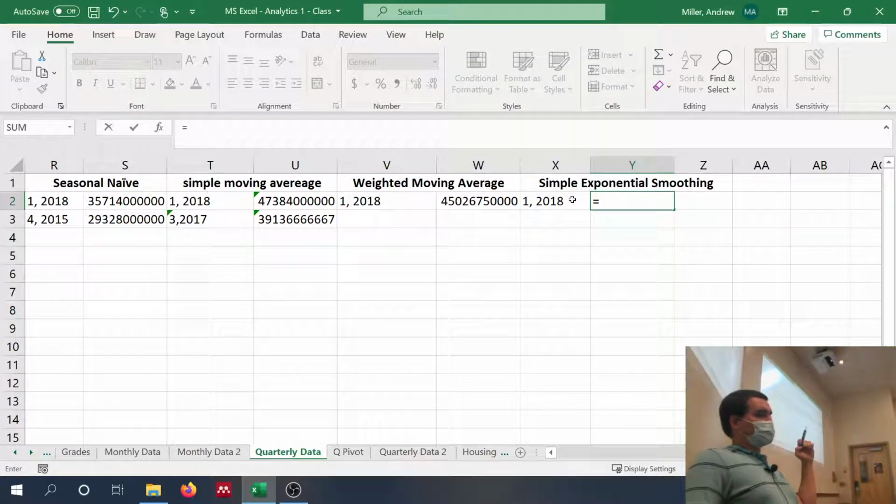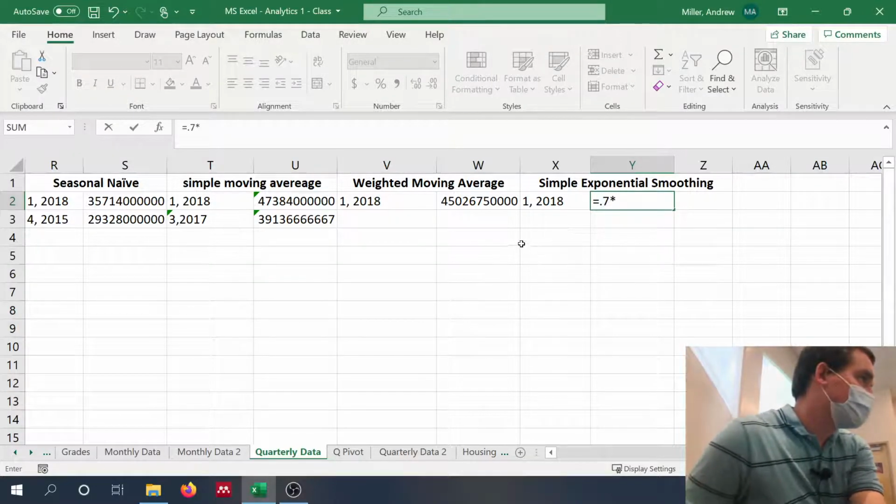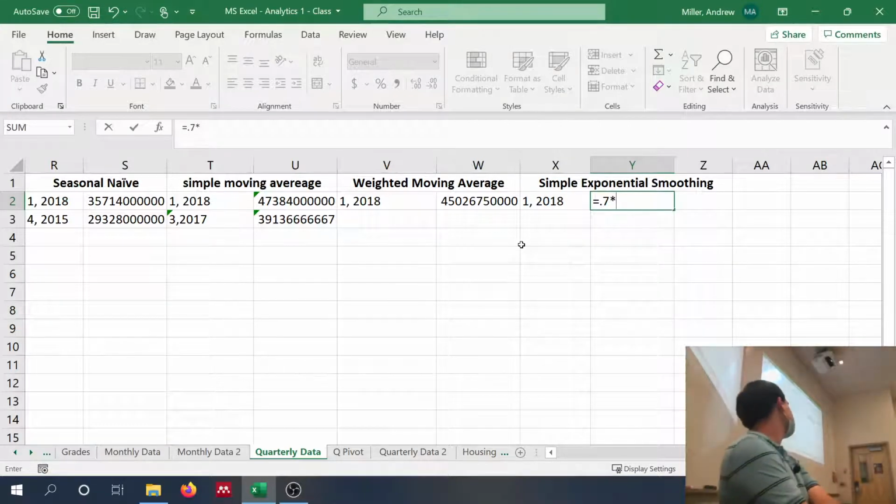Who can tell me what I type in? So not W2. W2 is the forecast value. The first thing we multiply alpha by is the previous observation. It's not cell W2 for the previous observation, it's the previous forecast.